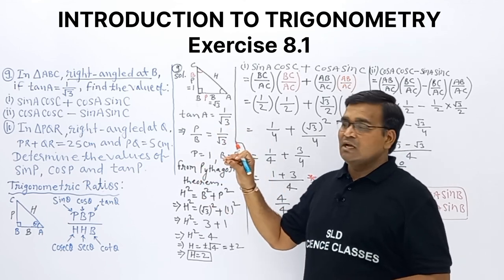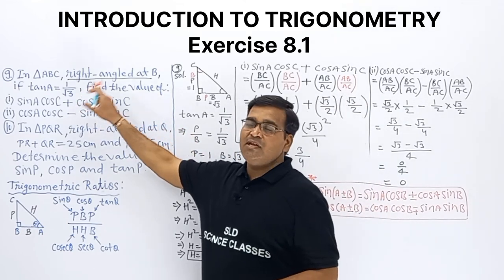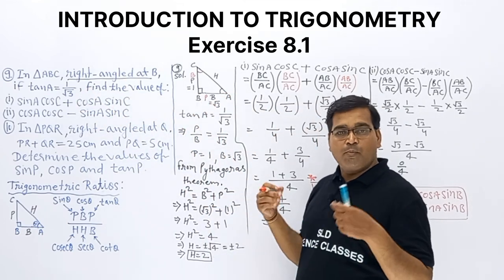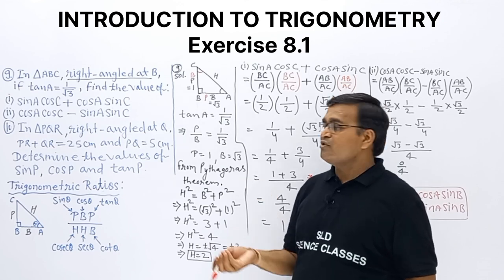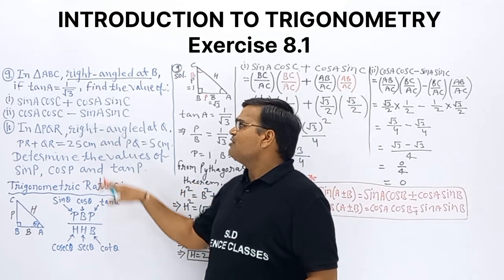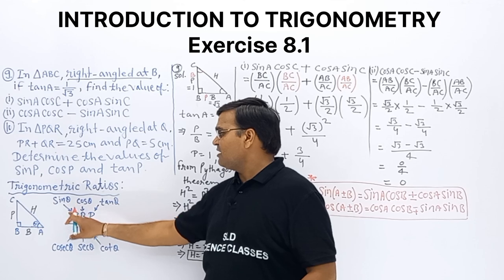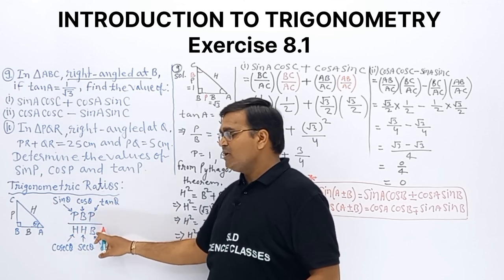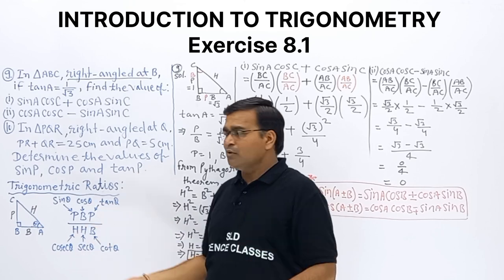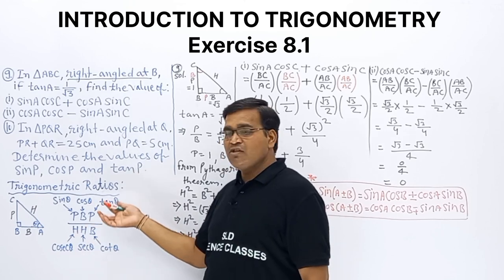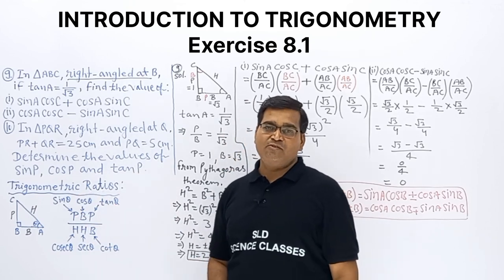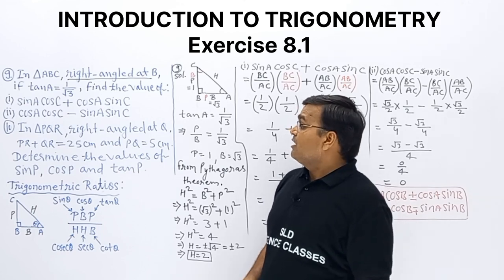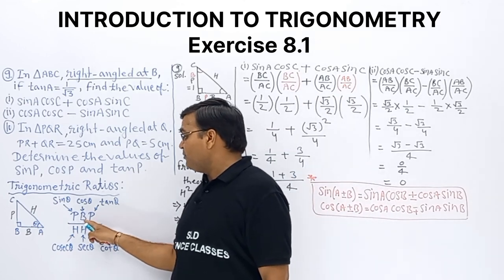And if we have one ratio, the remaining side we can find by using the Pythagoras theorem. Then we obtain all the sides. We have 6 trigonometry ratios. Sin theta is P upon H, cos theta is B upon H, and tan theta is P upon B, and the remaining are all reciprocals of these ratios. Clear?